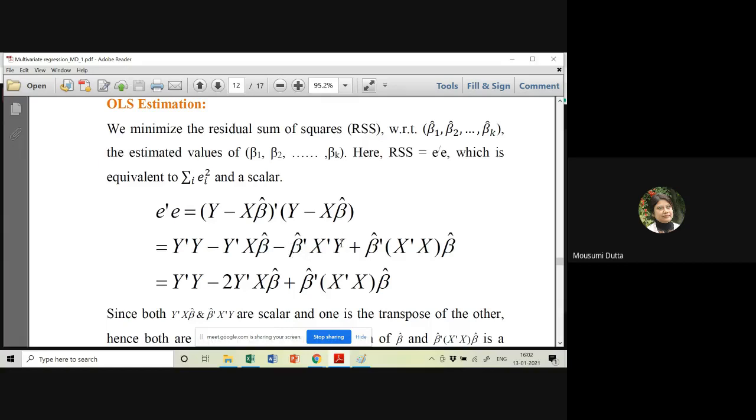Consider the transpose of the third term, beta hat transpose x transpose y. Take the transpose of it and tell me what you are getting.